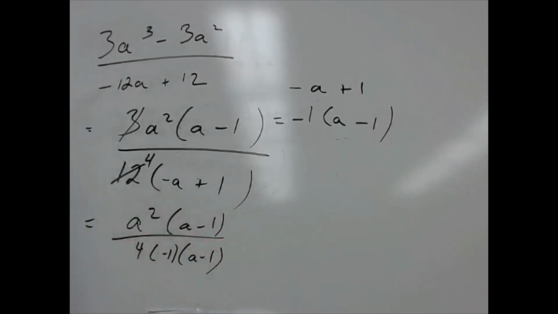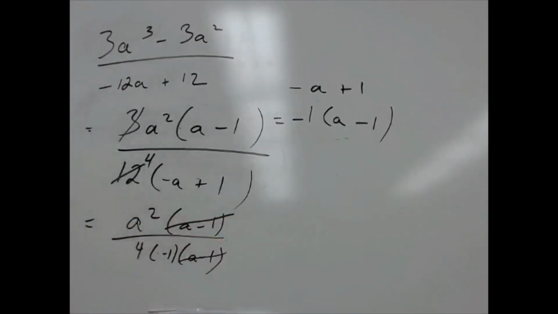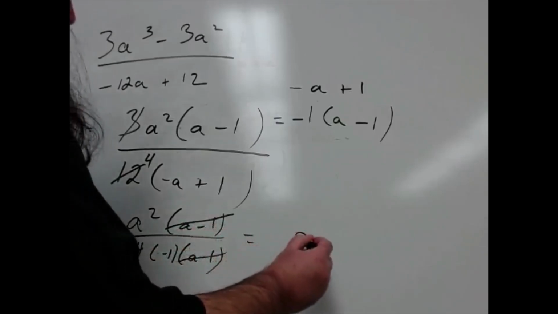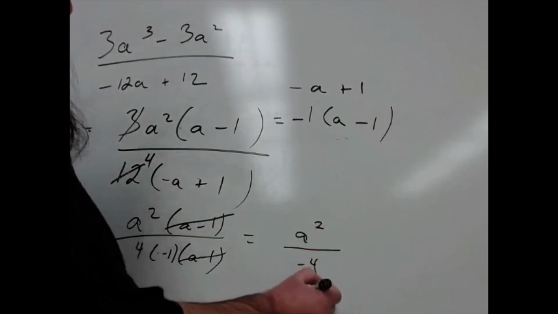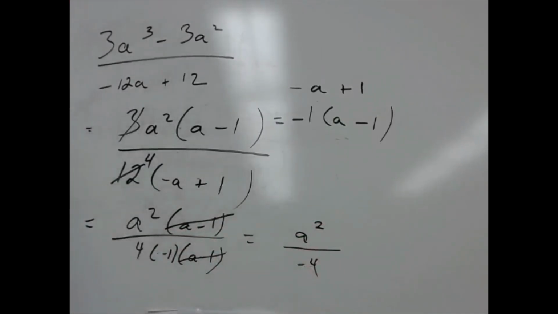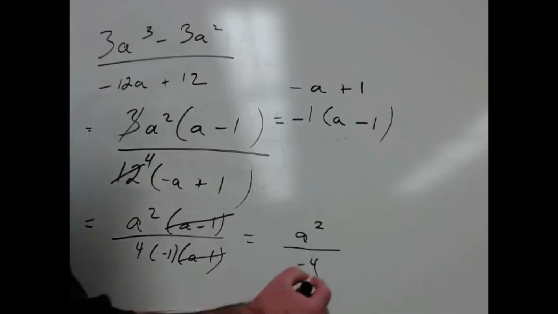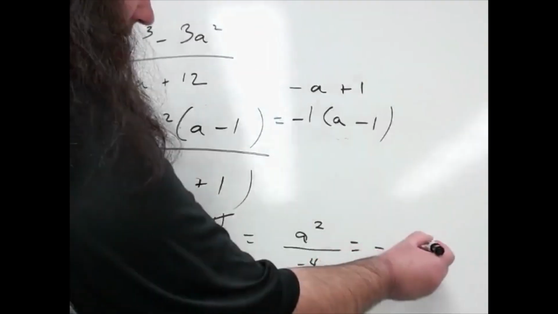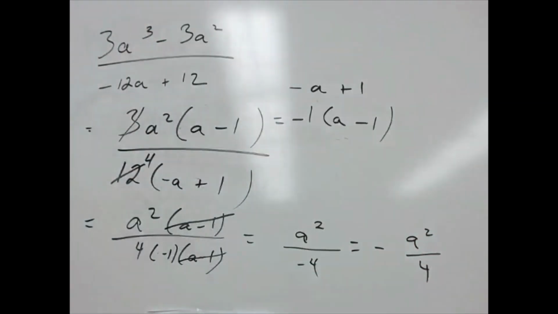And now I can see that these brackets can cancel, leaving me with a squared over, down here I've just got 4 times negative 1, which is negative 4. And then just to tidy it up, we don't usually like to write the negative inside the denominator like this, so we'll usually write it as just negative out in front of the fraction. So negative a squared over 4. And that's the final answer for that one there.